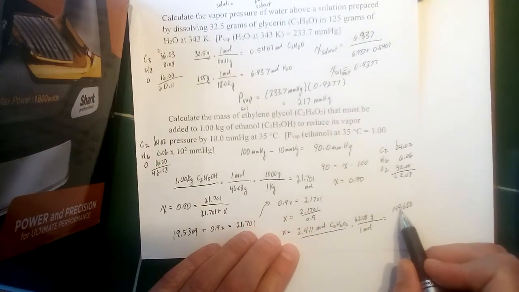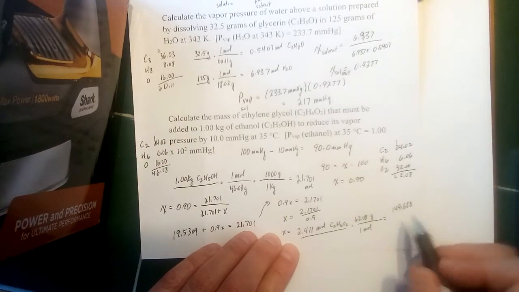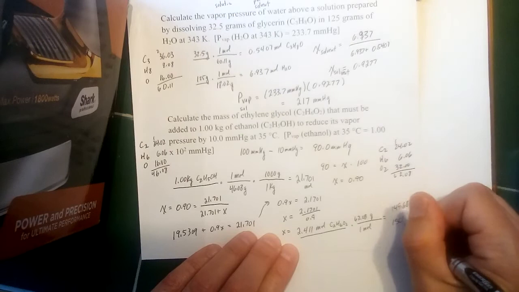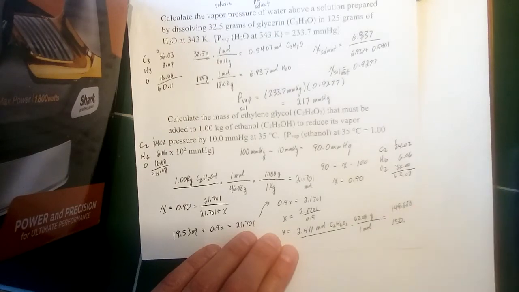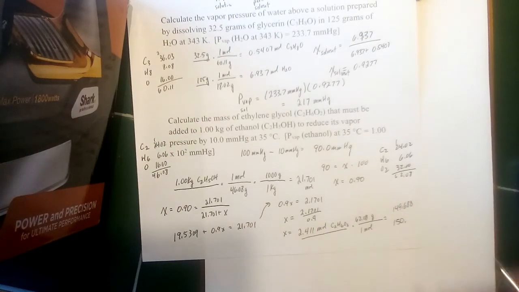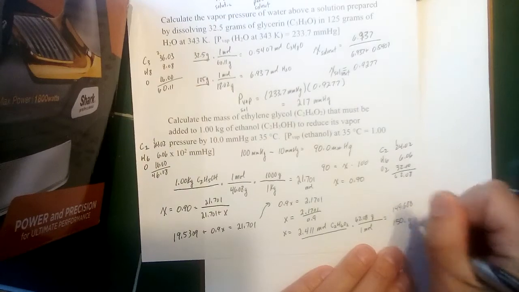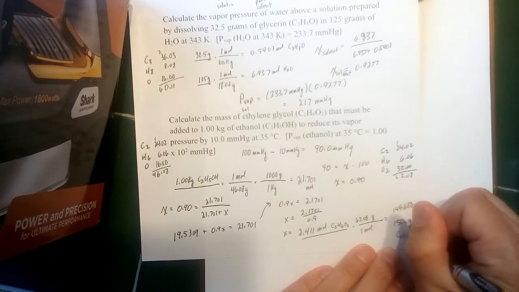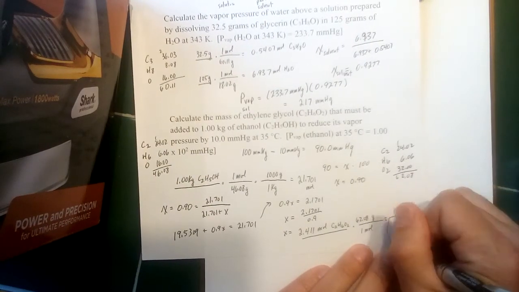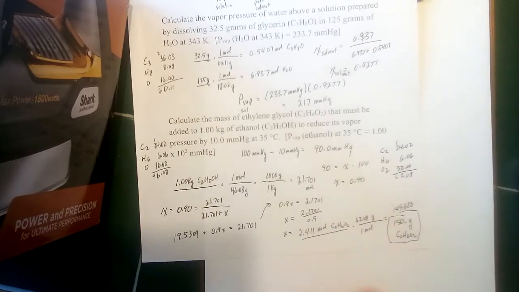So I can only keep the first 3 sig figs here, so I'm going to have to round that 9 up. So this is going to end up being 150. And I'm going to put the decimal in there because that 0 is a significant figure. So 150. grams of C2H6O2 is how much we would need to make that solution.